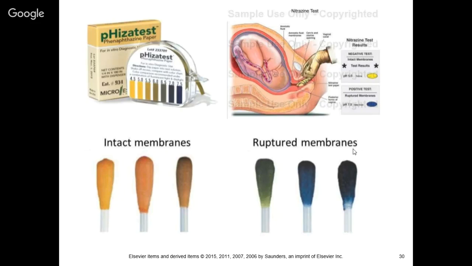So those pH tests, and they're not totally accurate because they're measuring the pH, but you have to be very careful not to touch anything else that may have a different pH, especially higher. But it's color coded. And then there's these nitrazine tests, and they're a little bit more specific.